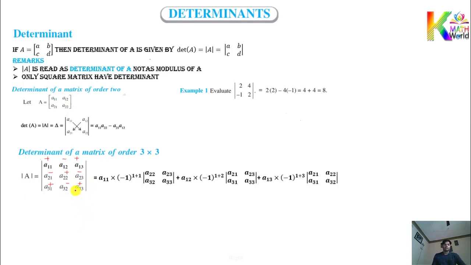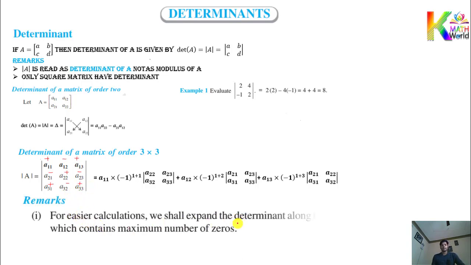Now see the next thing. For easier calculation of a determinant, we shall expand the determinant along that row or column which contains the maximum number of 0s. Why? Because if you expand the determinant with respect to that row or column, then your answer will be easier, because 0 into anything will be 0.